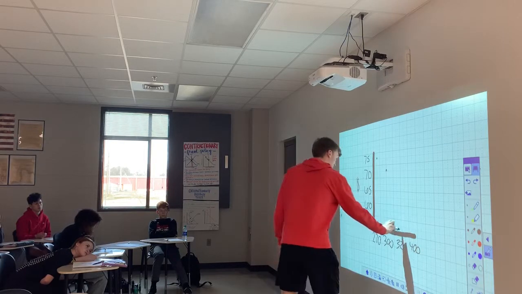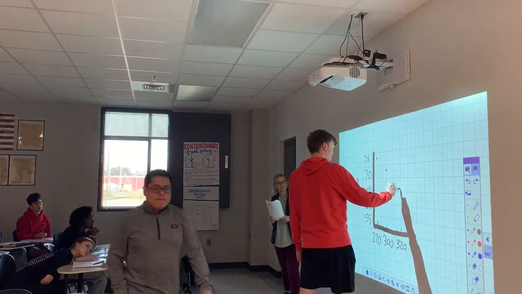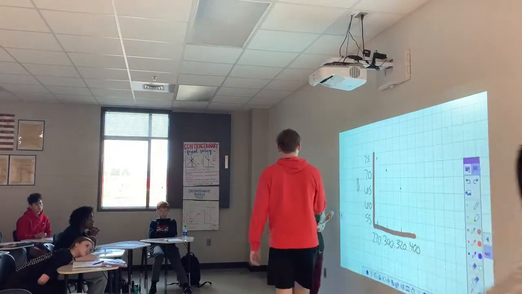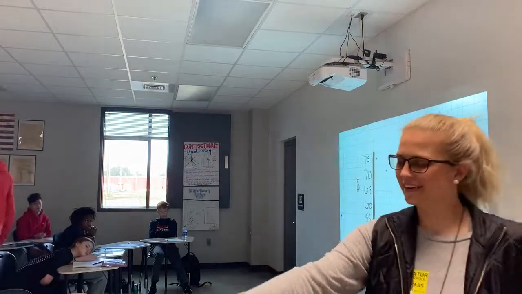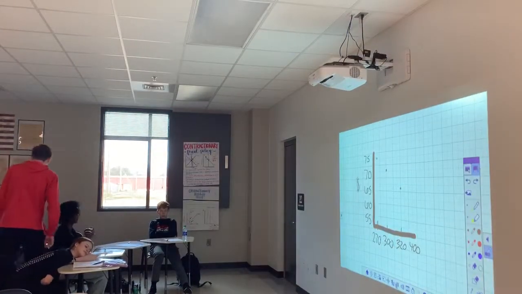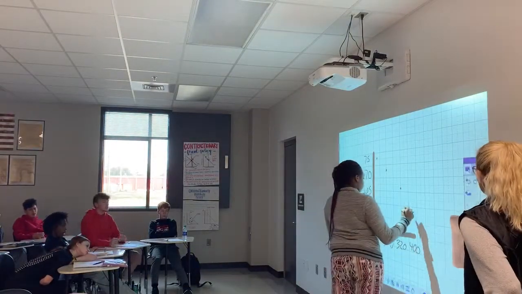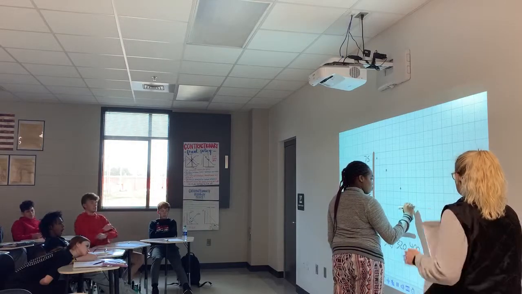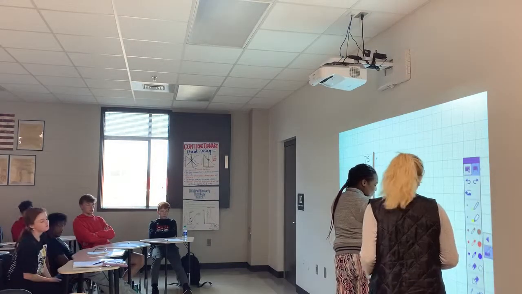So you find your 65, yep, 320, and then put a dot. Good. You've got the last one. So the last one is 60 cents, and how many oranges a week are we going to sell? 400. There you go.